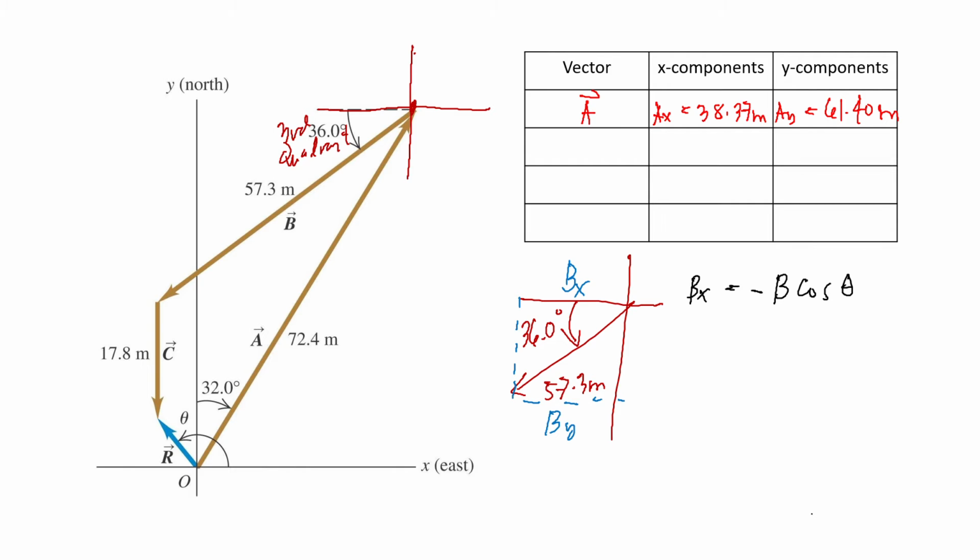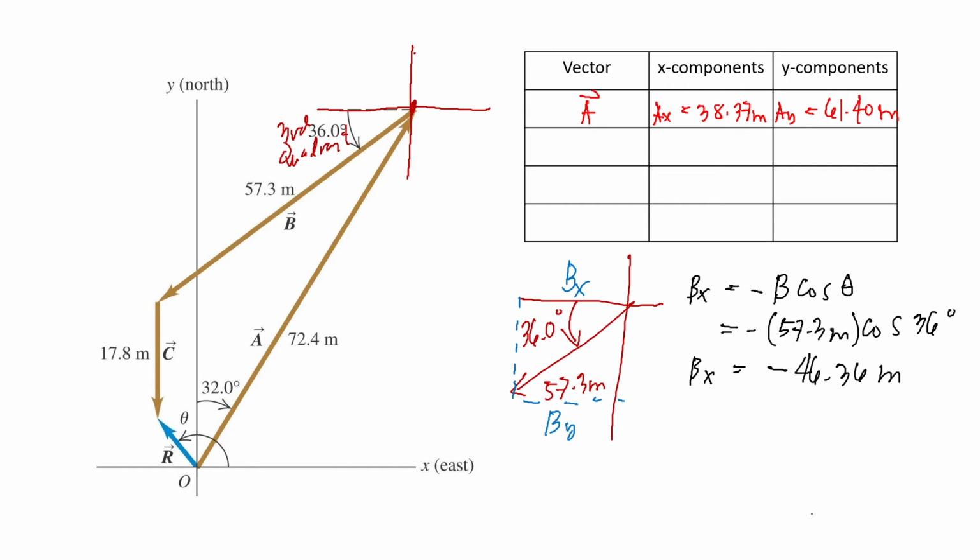Let's just use here your 36 degrees in the meantime. So your BX is equal to the negative of 57.3 meters cosine 36 degrees. Your BX is equal to negative 46.36 meters. Okay.